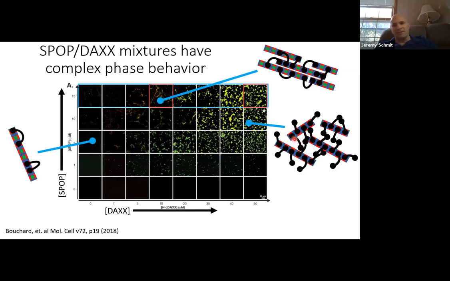And so instead, it forms these weak interactions with the neighboring DAX molecules. And as I mentioned before, these interactions are very weak, but we've got this large assembly with lots of DAX molecules on there. And so we've got this amplification of weak interactions, and this helps drive it together and form a liquid phase at much lower concentrations than DAX would be able to do on its own.